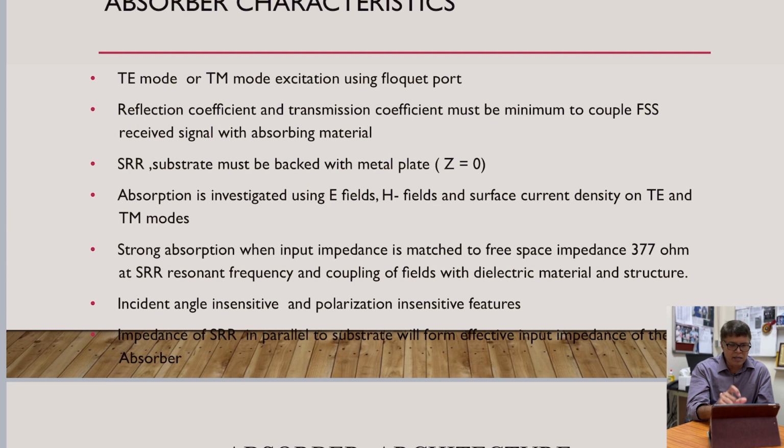SRR and substrate both must be backed with a metallic surface, that is PEC or Z equal to 0. The absorption is investigated using E field, H field and surface current density on both TE and TM modes. Strong absorption will take place when the impedance match with free space impedance is perfect.